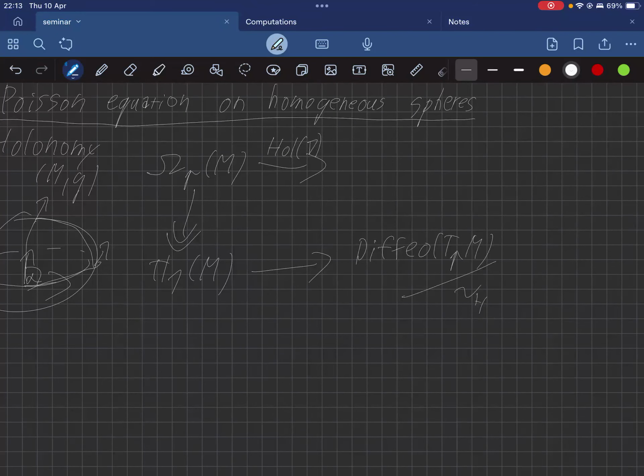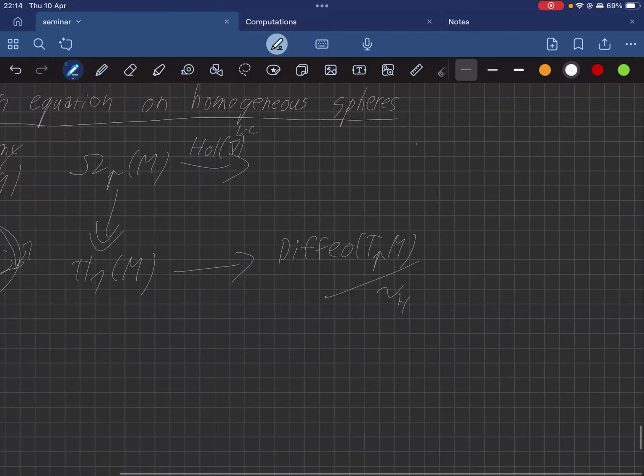Holonomy is associated to a connection, in this case, the Levi-Civita connection. So the holonomy map is essentially a lift of your monodromy to diffeomorphisms of your fiber. But holonomy is actually much nicer because it actually lands in linear transformations of your fiber.